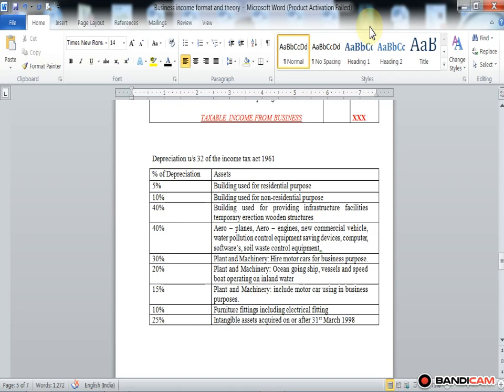30% depreciation is allowed for plant and machinery, hired motor cars for business purpose.